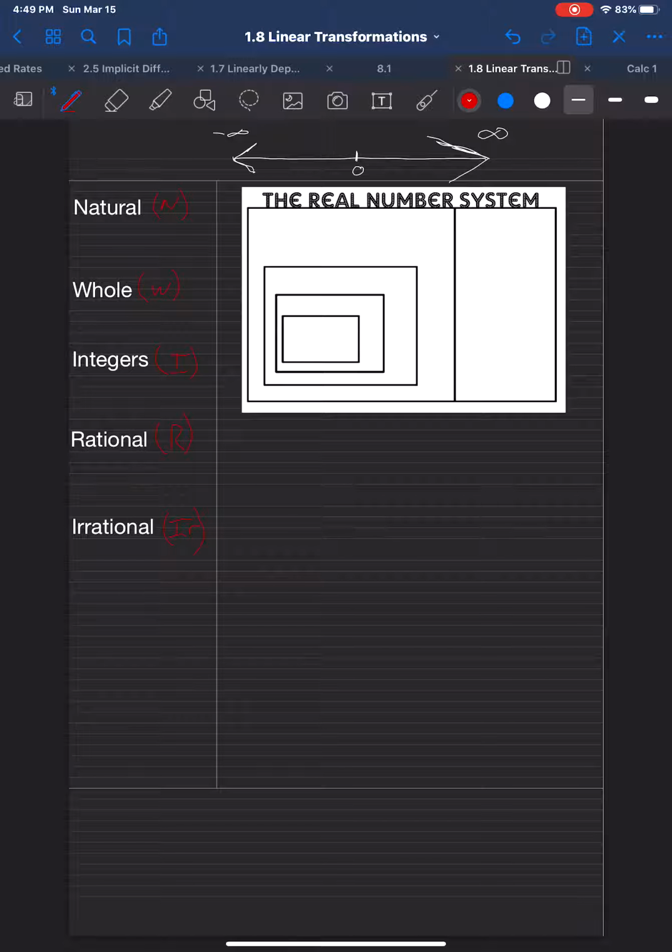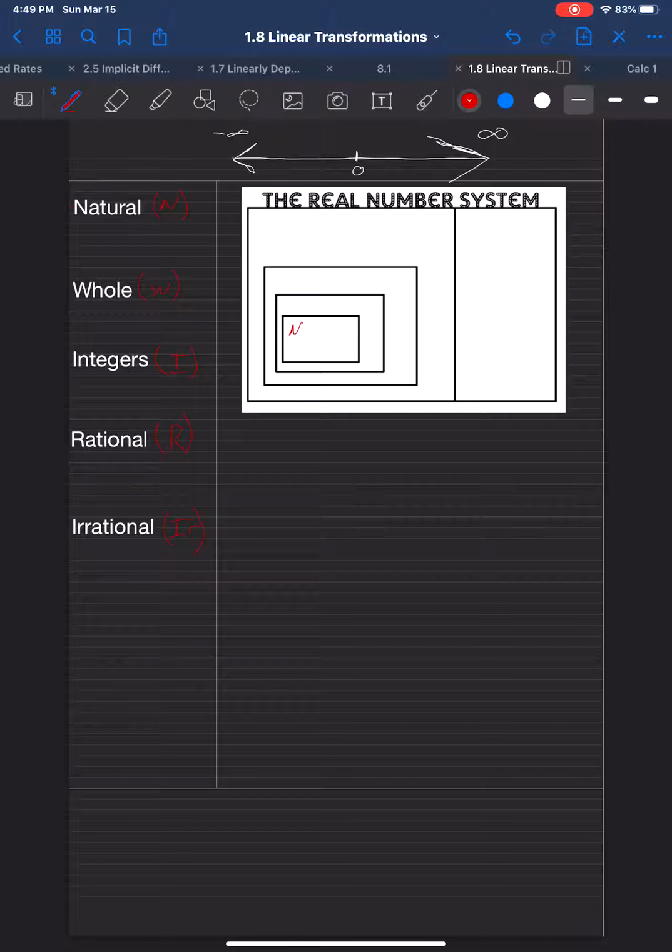Well, we're going to start with some definitions here. So the first bullet is natural, a natural number. So what is a natural number, which we're going to label n? And I'm going to put an n right here. Now, instead of trying to formally define it, I'm just going to give you some working definitions, just some examples of what we mean when we say natural numbers.